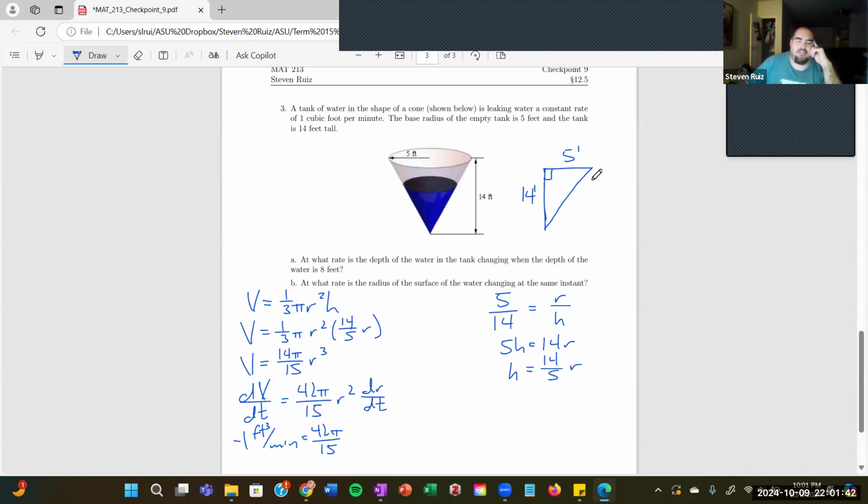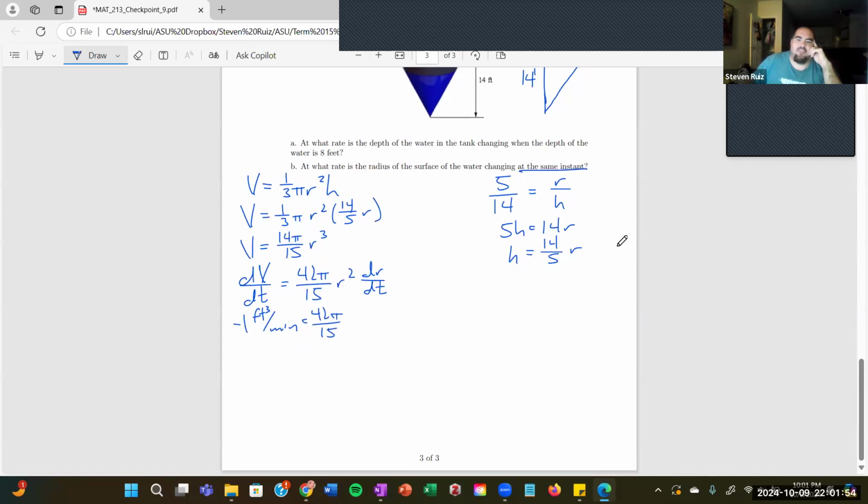What is the radius? Do we know? Well, not really, but we're asking about what's happening at the same instant as the last problem. And in that instant, the depth of the water was 8 feet. So if the depth of the water was 8 feet, then what is the radius here?